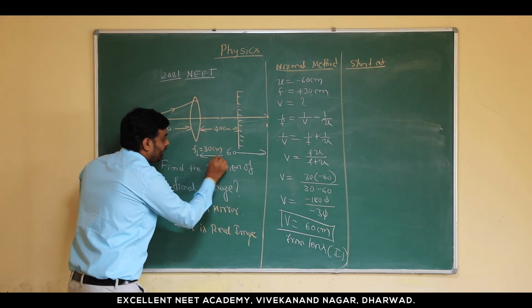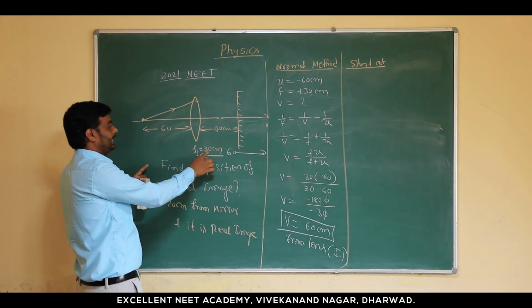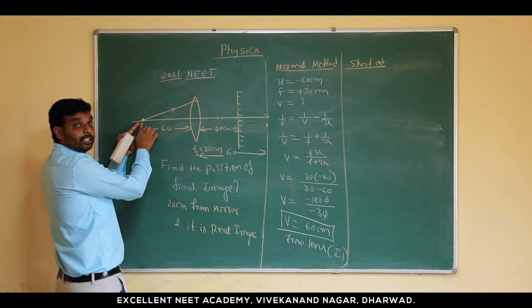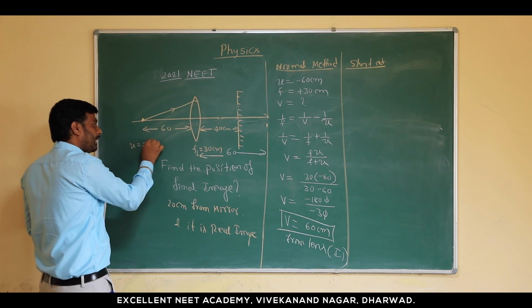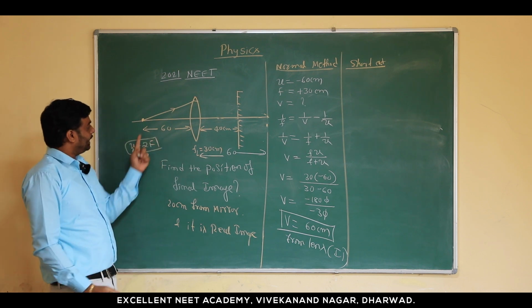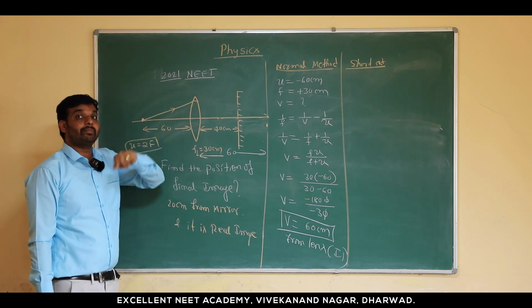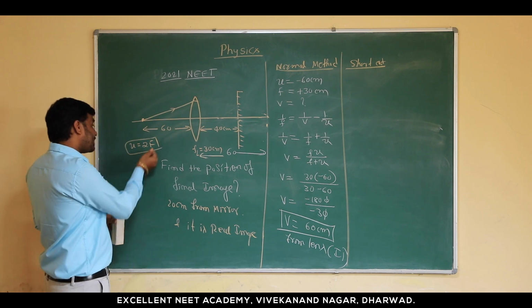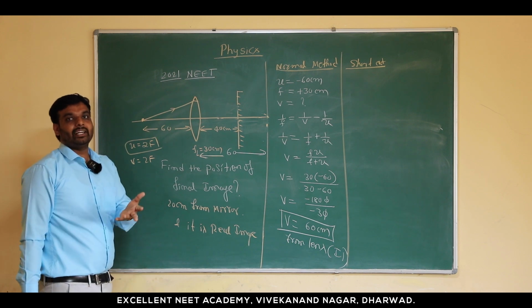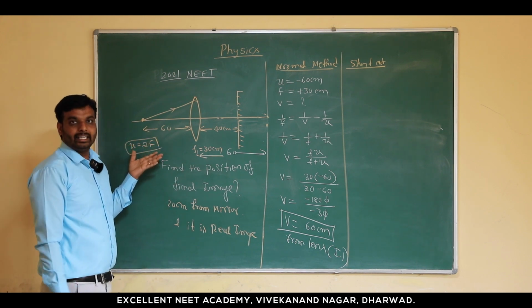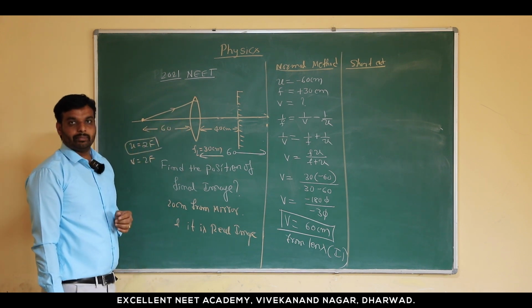Look, the focal length of the lens is 30 centimeter. The object is placed at 60 centimeter, nothing but the object is placed at 2f. Therefore, the image is formed at 2f. Already you studied this in your high school, I think 9th or 10th standard, image formation by the lens.